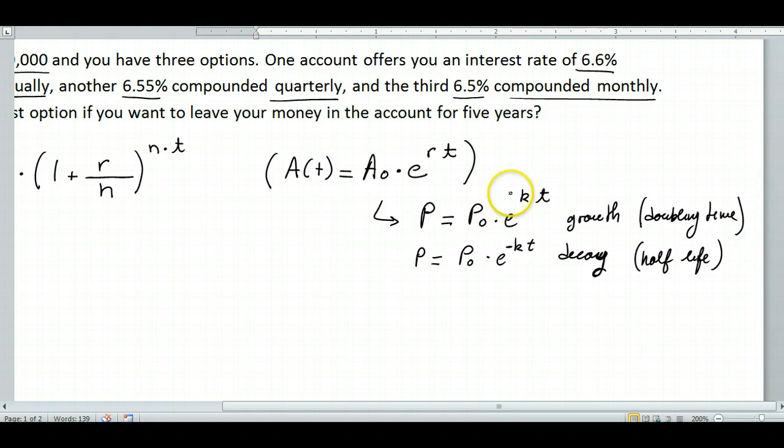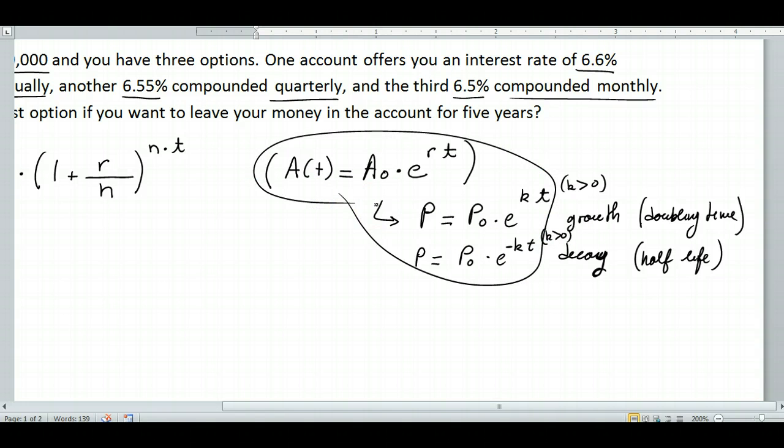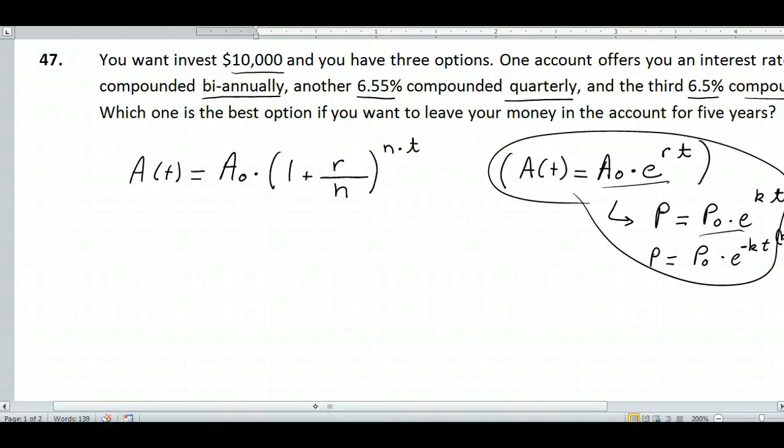K is positive always, K is positive here, and K is also positive here, that's why we have a negative sign. So just check all of that. Basically these three formulas are really just the same thing, a model for growth or decay. This one and this one, same deal. Something is growing. All right, so let's do it.